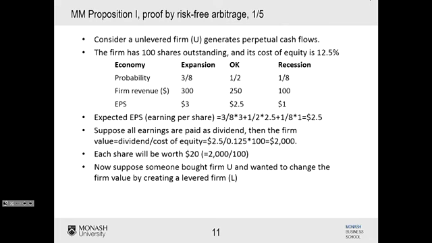And if the values of the two firms are different, I'm able to generate some profit or loss. So at the end of the proof, if buying and selling the shares of the two firms, assuming they're undertaking the same risk, cannot generate any profit or loss, then we have to conclude that the two firms have the same value. That's the basic idea of risk-free arbitrage.